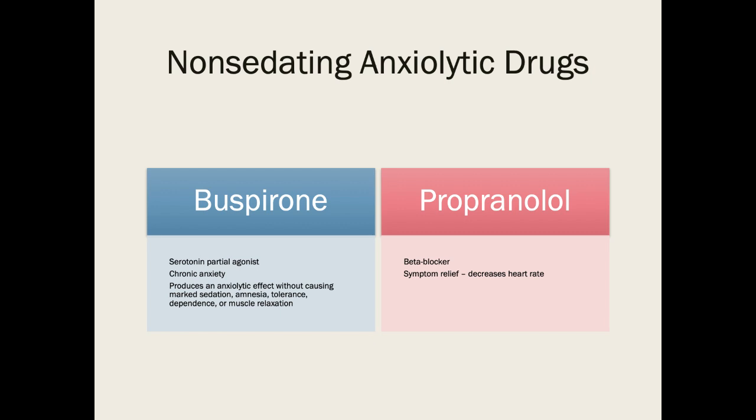And well, epi, norepi go around and bind to your receptors. Well, if we're blocking some of those receptors, like our beta receptors, we're not going to have those cardiac effects. Your heart rate's not going to skyrocket. Your blood pressure is not going to go up in an anxiety event when you're on propranolol. So patients might be on propranolol for a cardiac issue, or they might be on it for an anxiety issue.